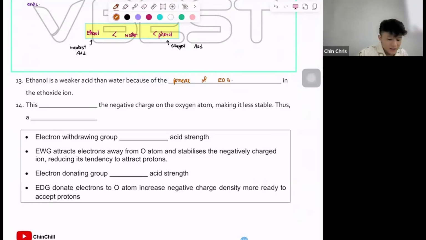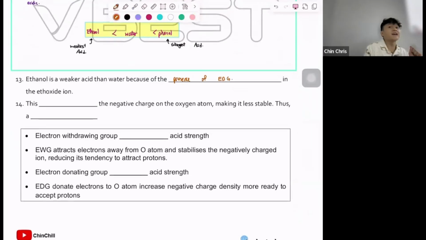So again, when you have EDG, guys, tell me the answer. Increases charge density or decreases charge density? Test your understanding. Increases the charge density. Correct. Thus, making it a weaker acid.